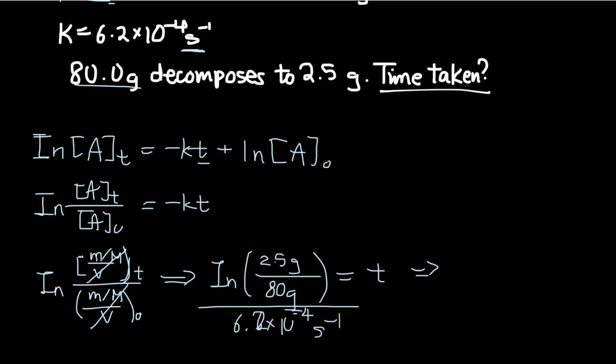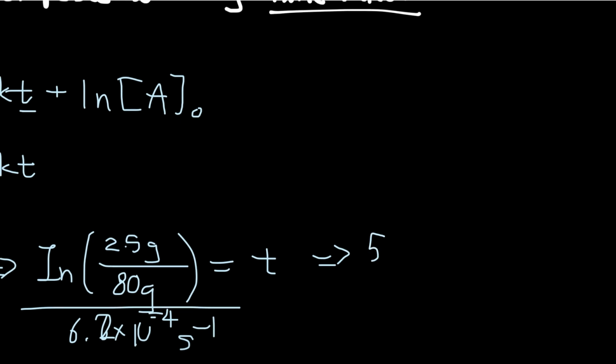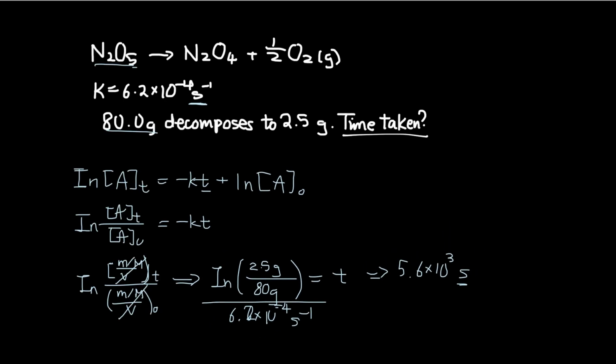So what we end up getting is 5.6 times 10 to the 3 seconds. That's the time it takes to decompose from mass 1 to mass 2. And we see how we can use the concentration form of the integrated rate law and apply it to masses as well. That's a big takeaway.